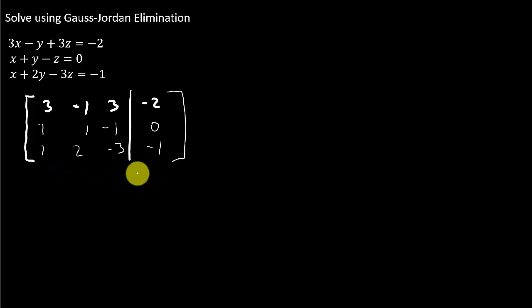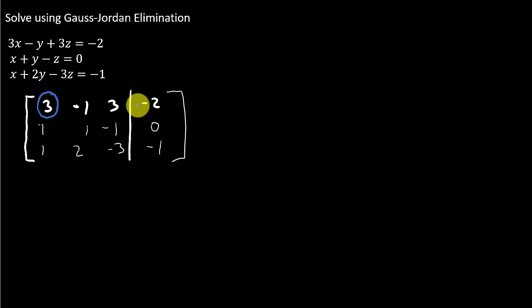All right, so in the upper left hand corner, first row, first column, we want to get a 1 right here. Okay, so one thing we could do is divide everything by 3, but you can see if we do that, that'll give us a fraction here, and that'll give us a fraction here.